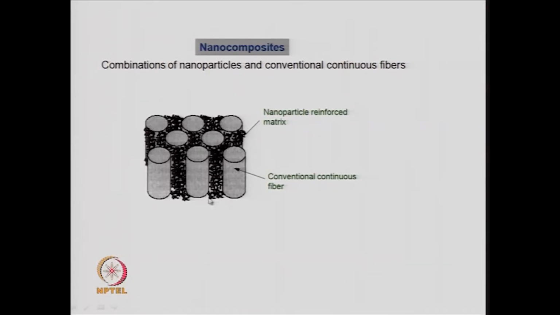So, together this nanocomposite is a nanoparticle reinforced matrix, and this is the fiber, and as you see in between you will have these nanoparticles which are reinforcing these fibers, and the strength of this composite is going to be enhanced because of the presence of these nanoparticles compared to a system where there are only the fibers and no nanoparticles.